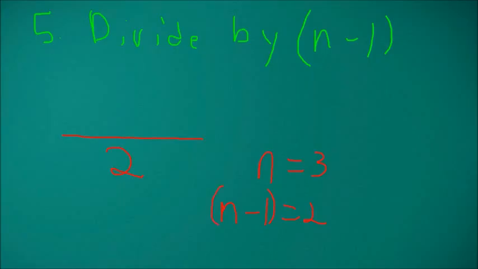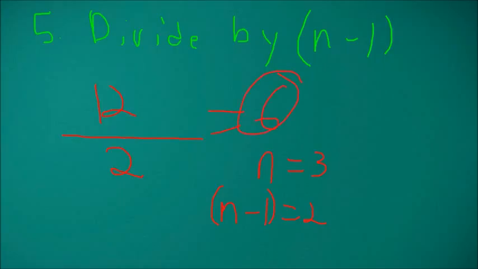That's why I have the 2 there. So we added up our 3 numbers, and I'll just make up a number and say that when we added them up, we got 12. So 12 divided by 2 is 6.